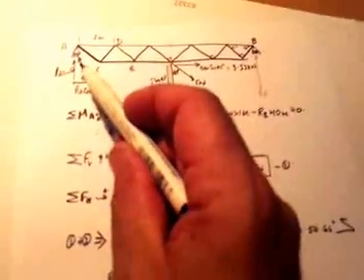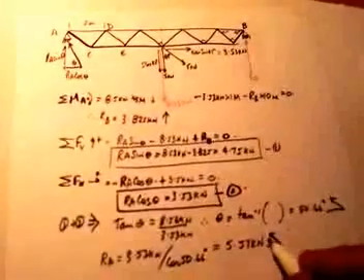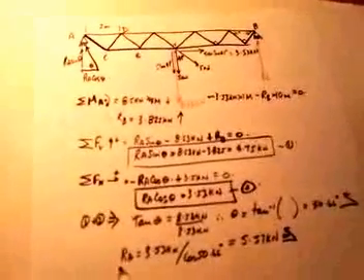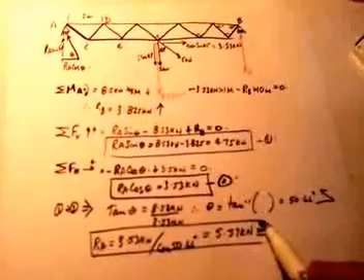It's positive, which means we've guessed the angle correctly. It's up that way, so there's RA.